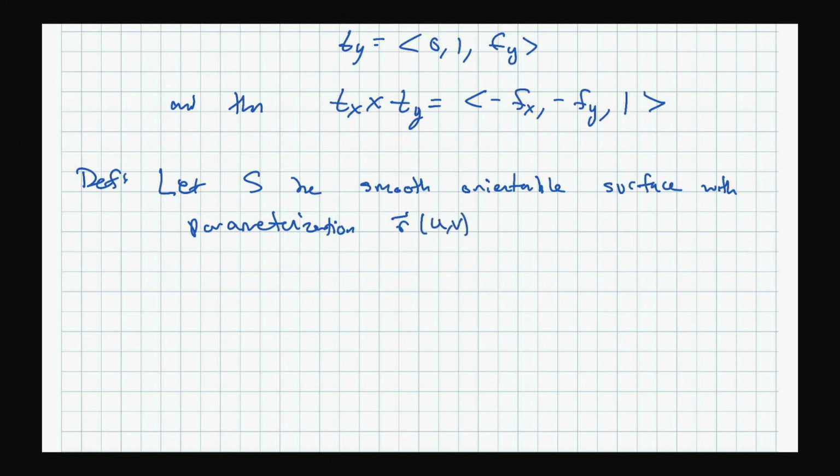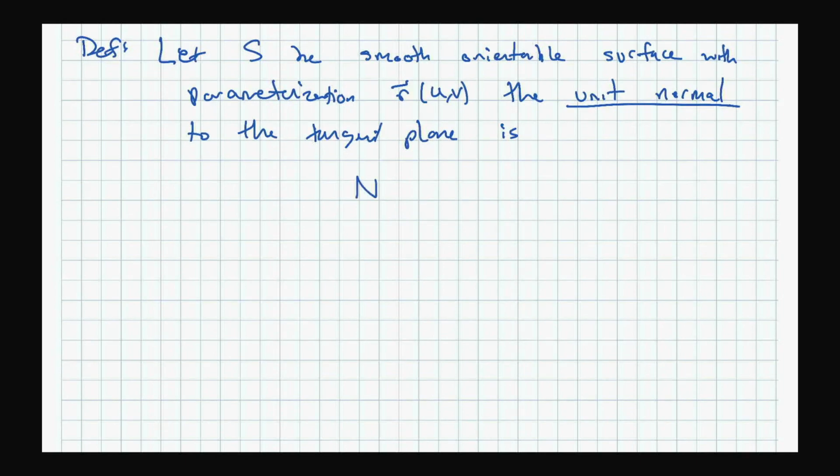Then I'm just going to say the unit normal to the tangent plane is, the capital N vector, tu cross tv over the magnitude of tu cross tv. So it's the normal that we were using before, but we were using tu cross tv before in the previous problem. But now we're talking about the unit normal to the tangent plane, and it's this.